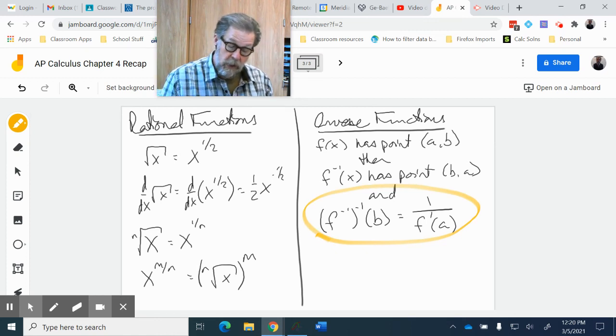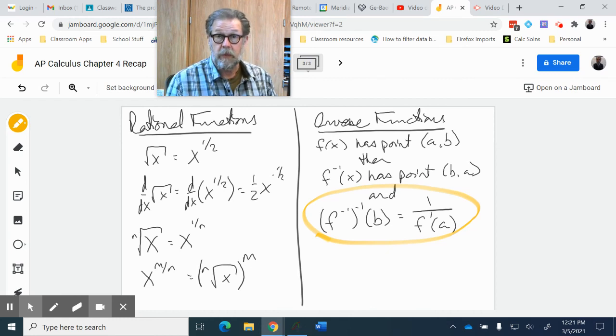So generally what you'll have to do, you'll be given some x value A. You have to calculate B in order to know where the rest of the point is. You have to calculate the derivative of the original function f at point A, and then the derivative of the inverse at B will just be the reciprocal of that value.